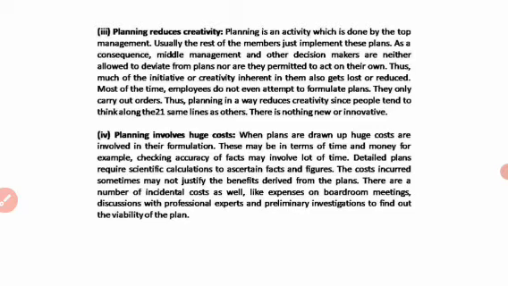Then the middle management and other decision makers neither get the idea of the plan nor take any decisions. So most of the time employees do not even attempt to formulate plans. Planning in a way reduces creativity and people tend to think along the same lines as others. So there is nothing new or innovative, and no creativity takes place in the planning. So this is one of the limitations.